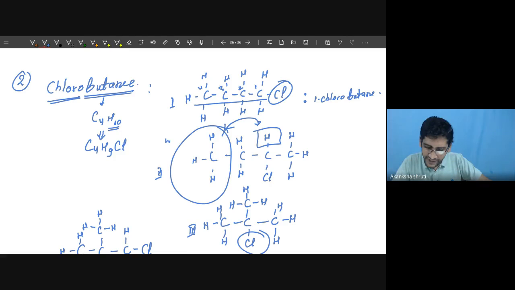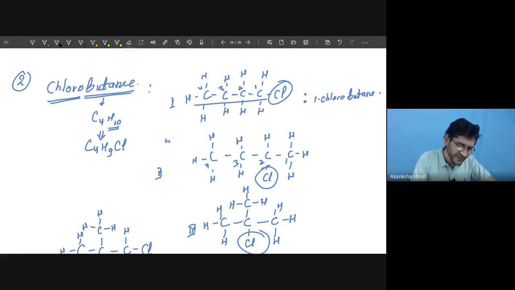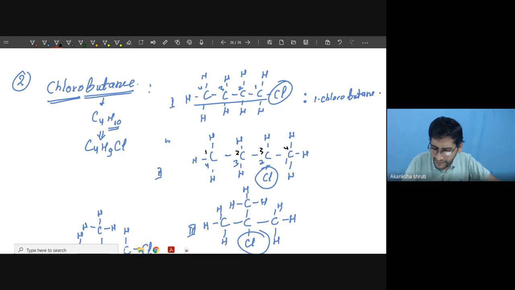If we consider this one, here this chlorine is present from which end? From this end, say from the right end, 1, 2, 3, 4. But if any of you number from the other end, say from this end, 1, 2, 3, 4, then there is always an ambiguity whether 2 or 3 should be taken.